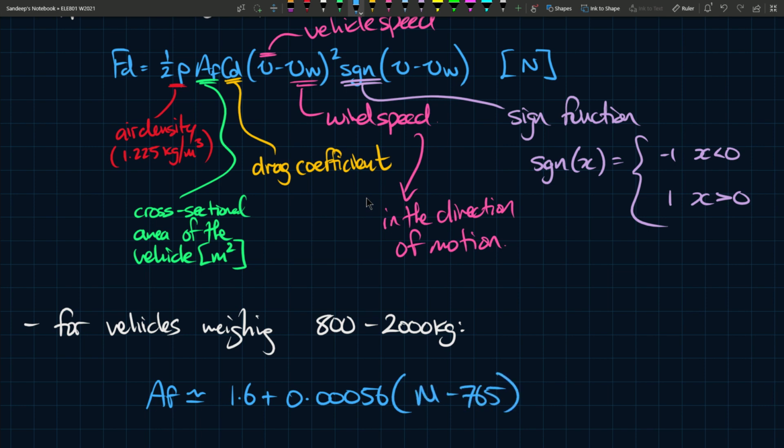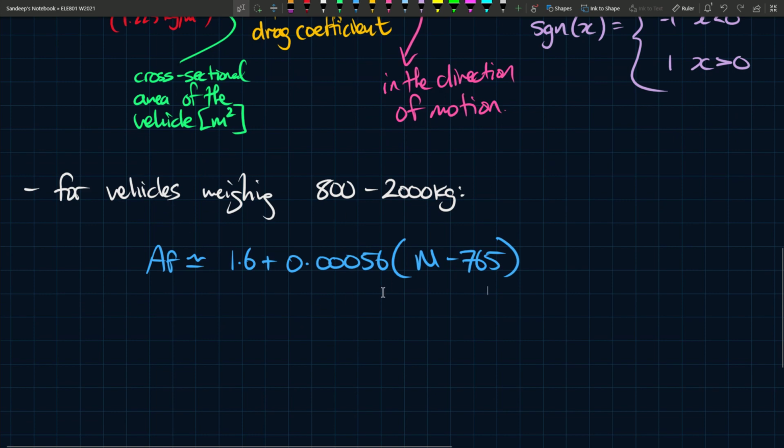That seems like a very strange equation with no logical explanation as to where it comes from. Most likely it comes from some empirical evidence, some curve fitting of a model, where you can say this is usually the case whenever you have a bunch of vehicles that fall under this category.